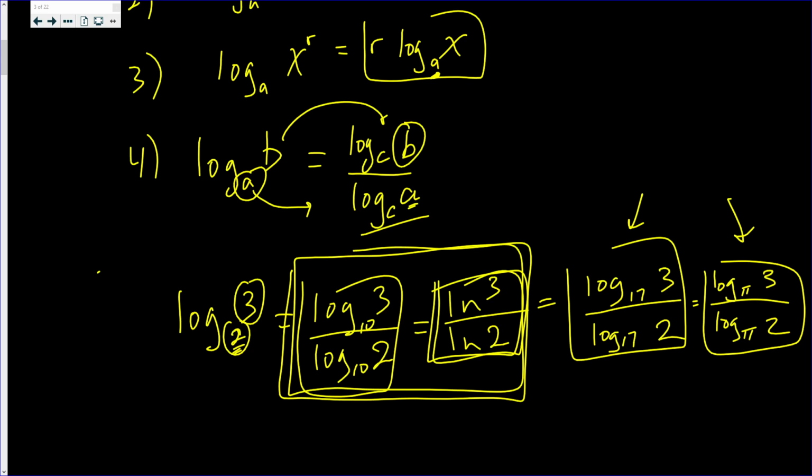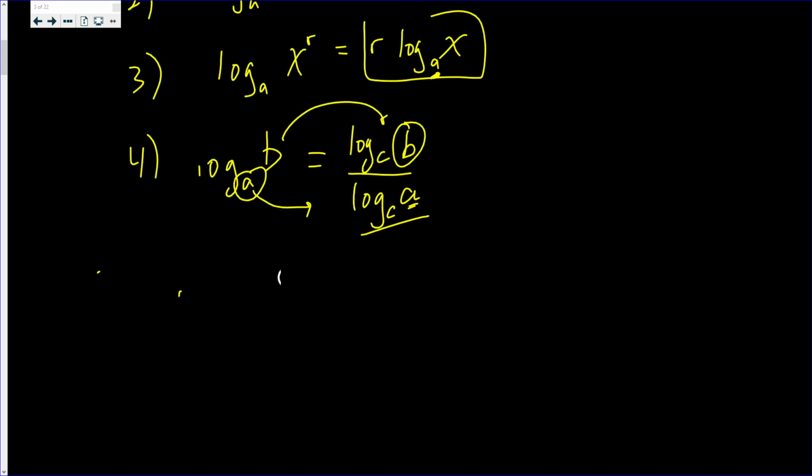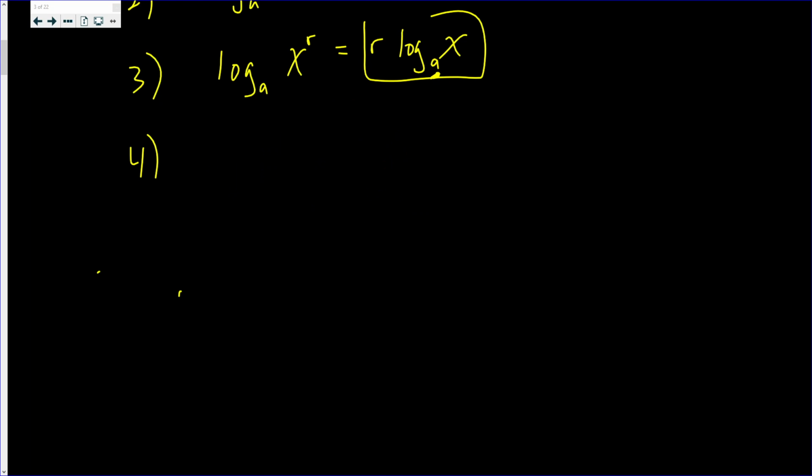So if somebody asks you what log base 2 of 3 is, you could use your calculator to find it. You can't do this by hand. It isn't like you can suffer through multiplying two 5-digit numbers and get the answer. You can't do it.